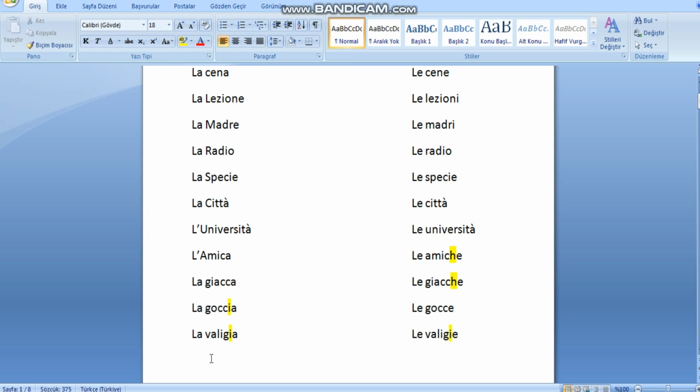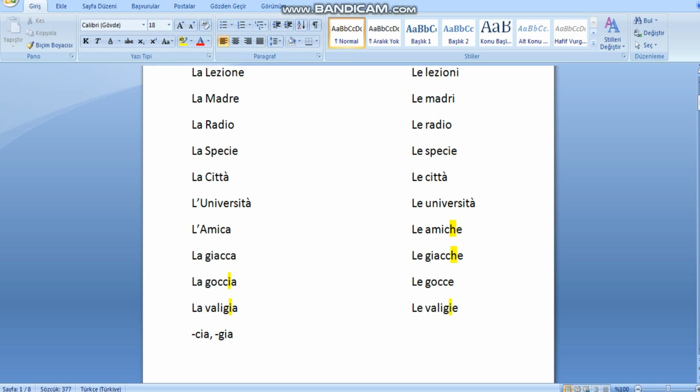So in, let's say, the words that finish with cia and gia, the use of the letter I, the one that we see after C and G, depends only on the fact that in front of the letters G and C there is a vowel or a consonant.